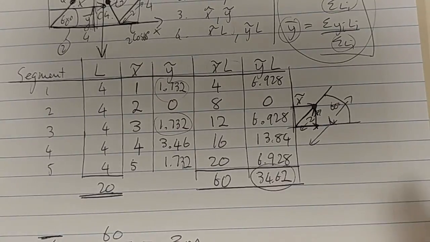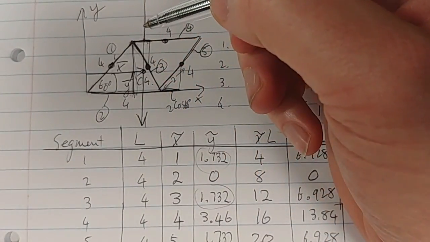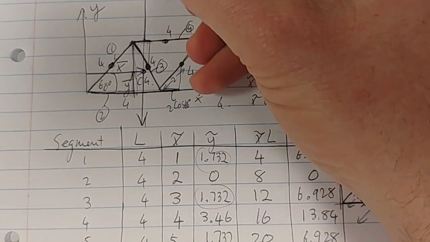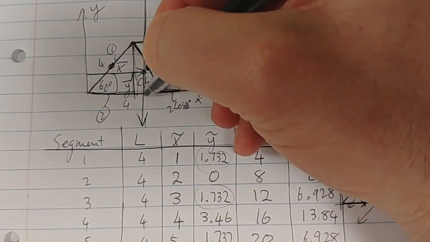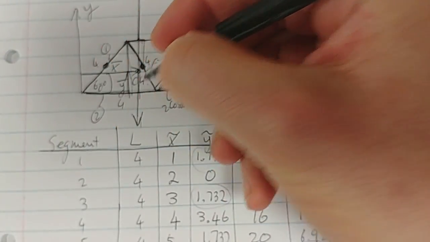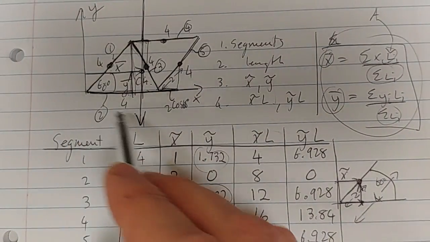So when we look at our structure, we need to apply this hoist at a distance of 3 meters from this point over there.